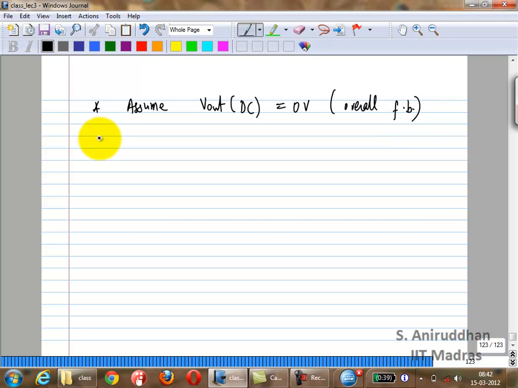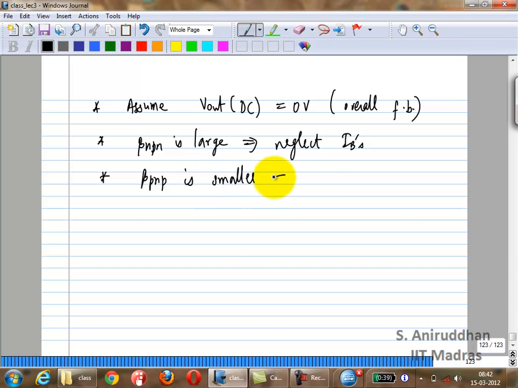That is one thing. NPN beta is very large. So we are not going to neglect the beta of the PNP, because it will typically be much smaller. So the NPN beta could be, I don't know, 200, 250, something like that. Whereas the PNP could be much smaller, 40, 50.